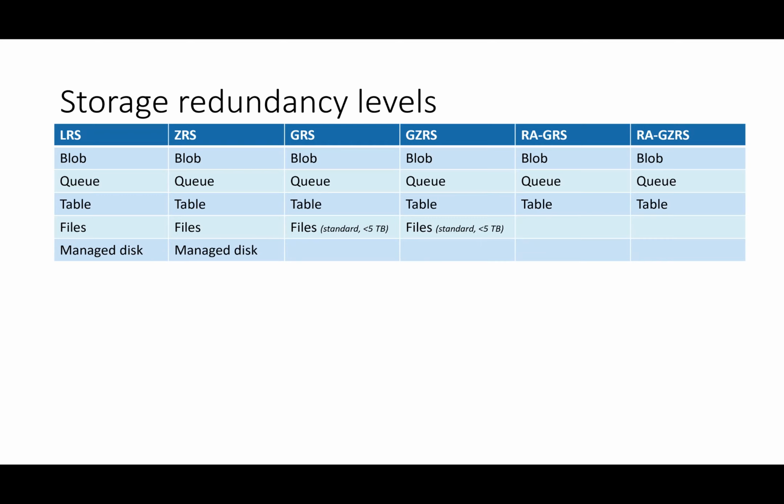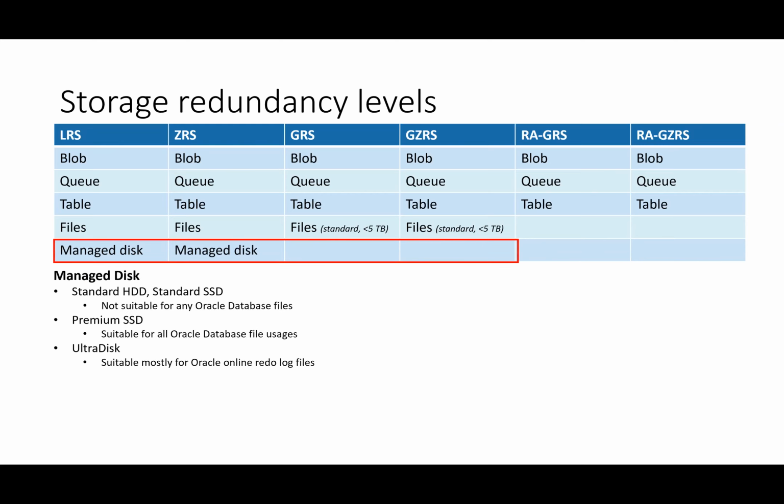Now, the next level up is zone redundancy, and I'll describe that in more detail coming up. And then we have the geo, in other words, across regions. We have storage levels that are redundant across regions, and I'll go into each one of those. The type of storage that is managed as LRS and ZRS are the ones that we typically like to use, as Kellen mentioned, for most of our Oracle databases.